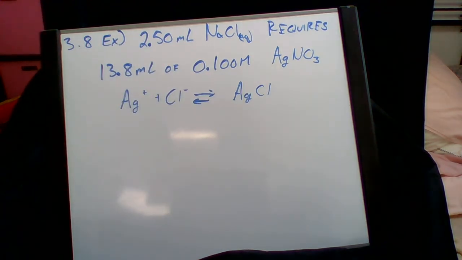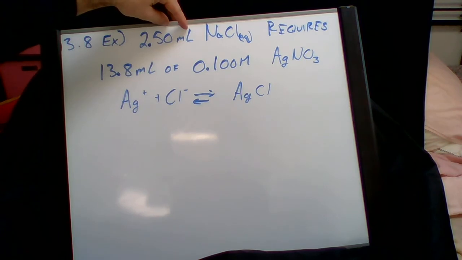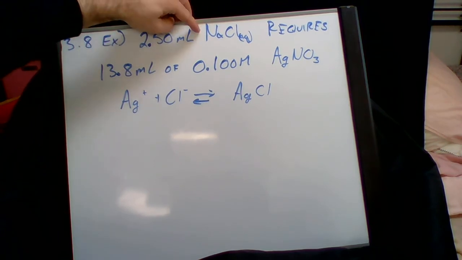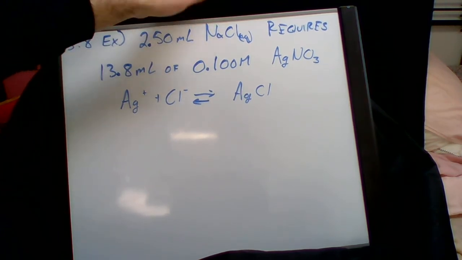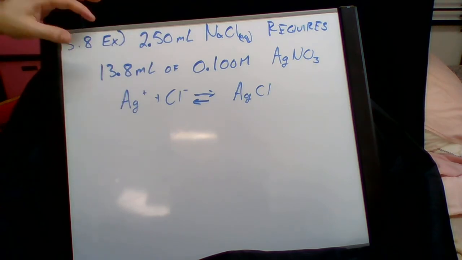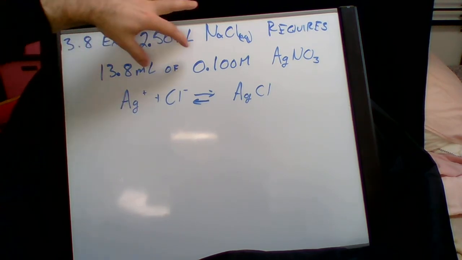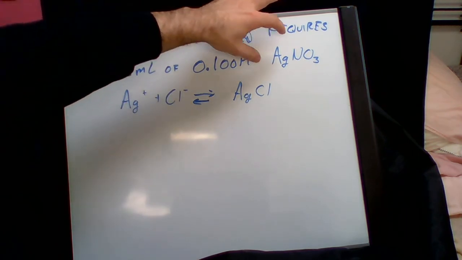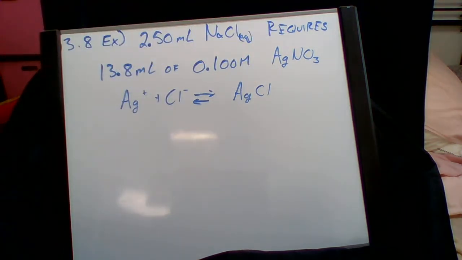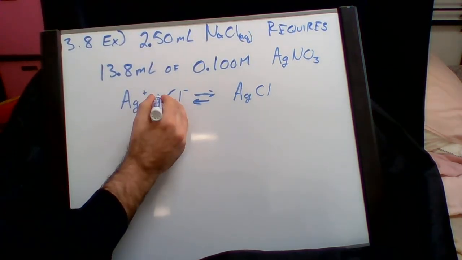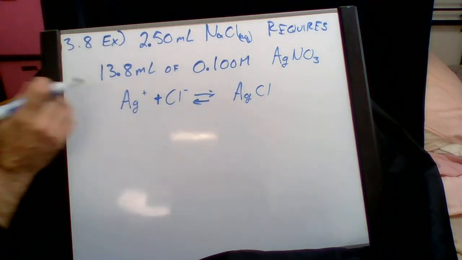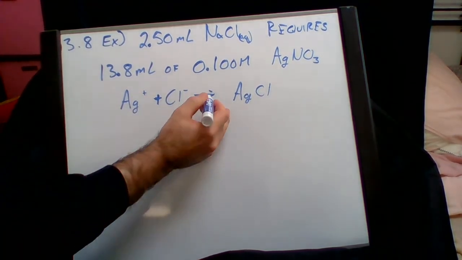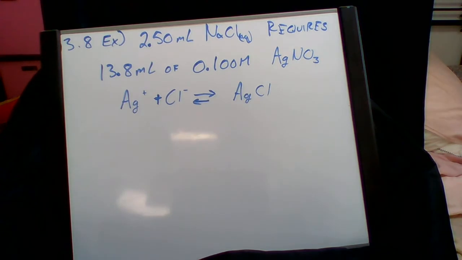But for this one, really all we're looking at is that we had a 2.5 milliliter sample of the seawater, so the sodium chloride solution, and that we needed 13.8 milliliters of our 0.1 molar silver nitrate solution. Now we've got a 1-to-1 ratio for this silver and chlorine to form that silver chloride, so we can just use that 1-to-1 ratio, makes things nice and easy for us.